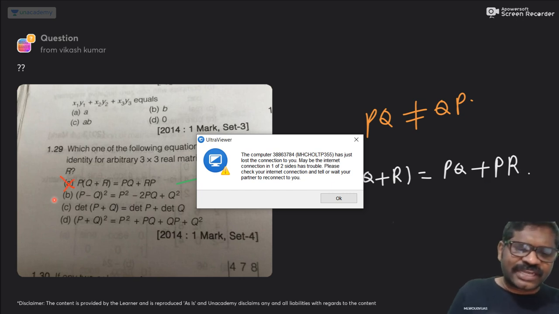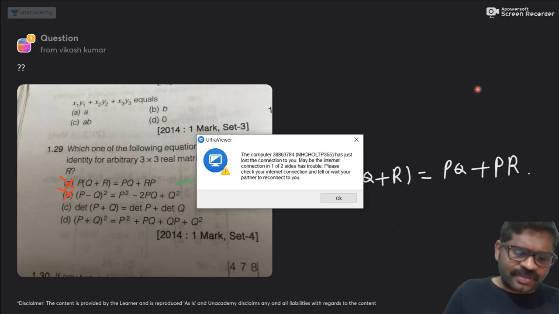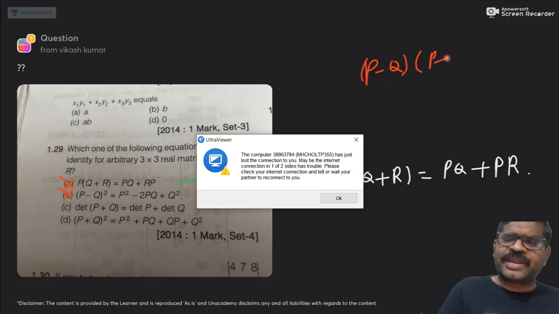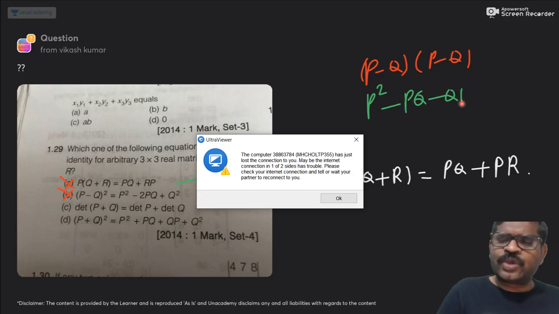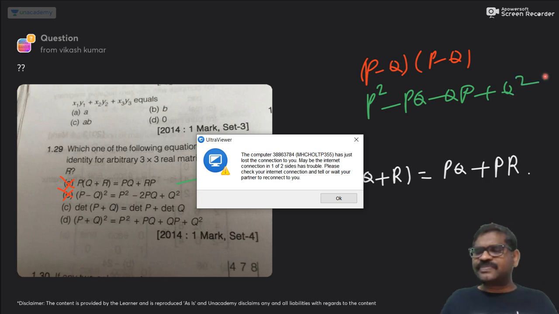So the first option is incorrect. (P minus Q) whole square equal to P square minus 2PQ plus Q square is incorrect, because (P minus Q) whole square means (P minus Q) into (P minus Q), which is P square minus PQ minus QP plus Q square.